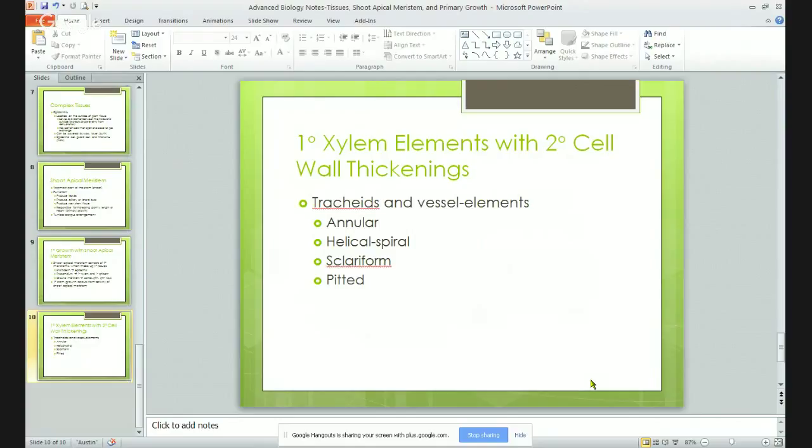So this additional thickening is going to occur from the inside of your vessel elements and your tracheids, not from the outside. I've drawn you, I believe it's 6 on the top there, 6 different versions of your vessel element.